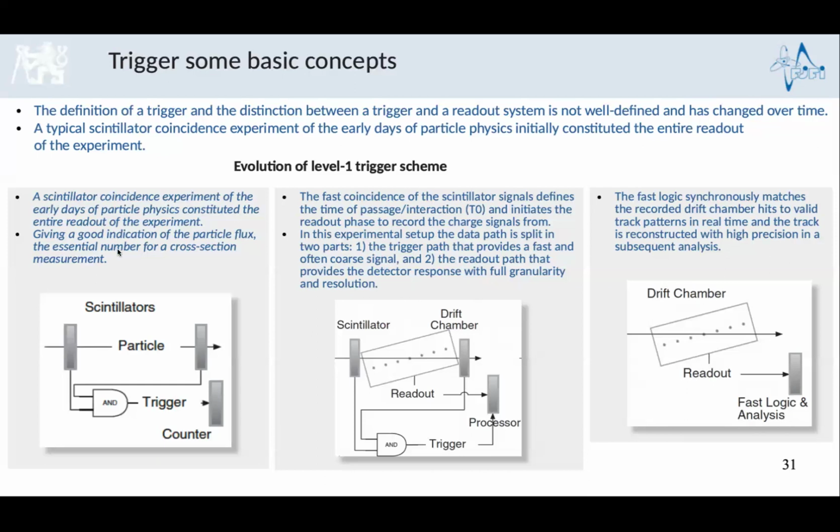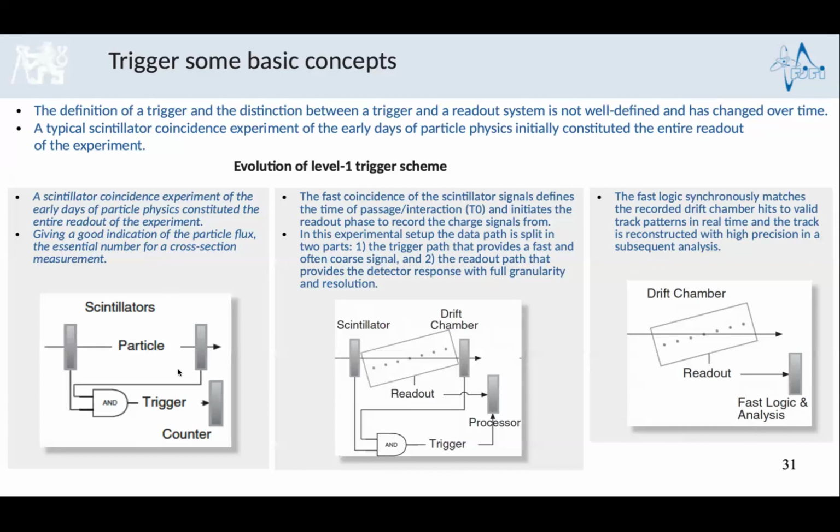At the beginning, only a coincidence between two detectors was enough, and in some cases that was the entire readout of the experiment. It was good enough to measure the particle flux, which basically is the cross-section measurement.